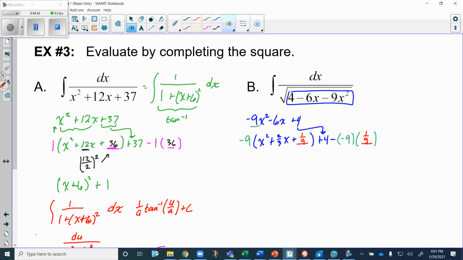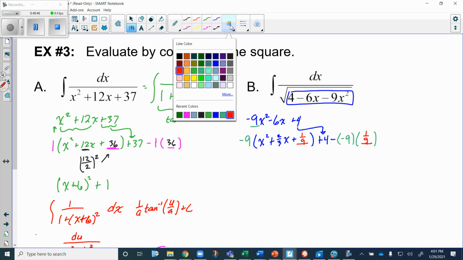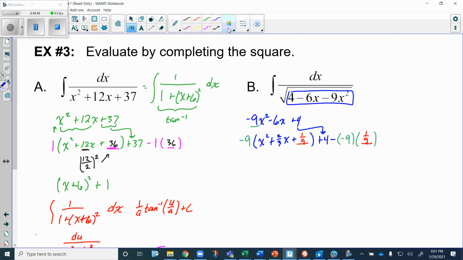This one may not be quite as easy to see when you factor it, but when we factor the quadratic inside of the parentheses, I'm left with negative 9 times (x plus 1/3) quantity squared, and on the right side we're going to get a plus 5.